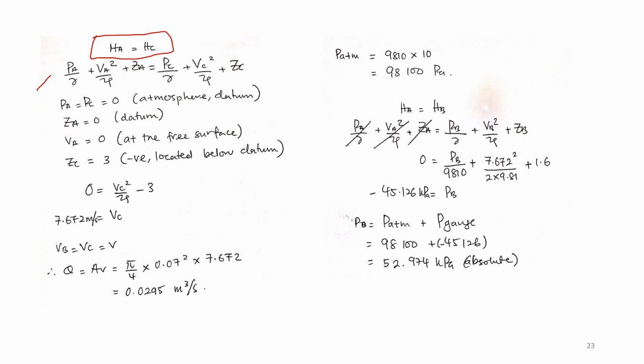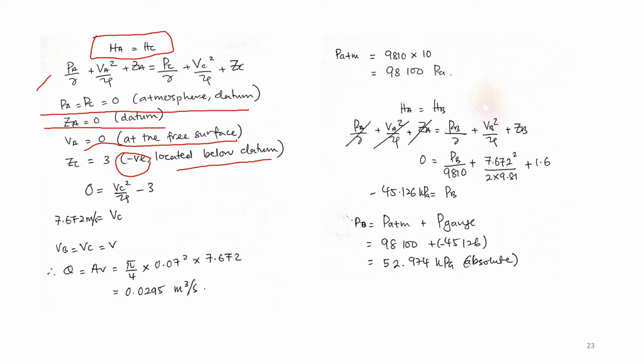You can also assume that the pressure at A and the pressure at C is 0, and we know that there is datum for the ZA, and also the velocity at point A is 0 because it is at the free surface, and then the elevation for C is 3. Okay, it is considered as negative because it is located below the datum.